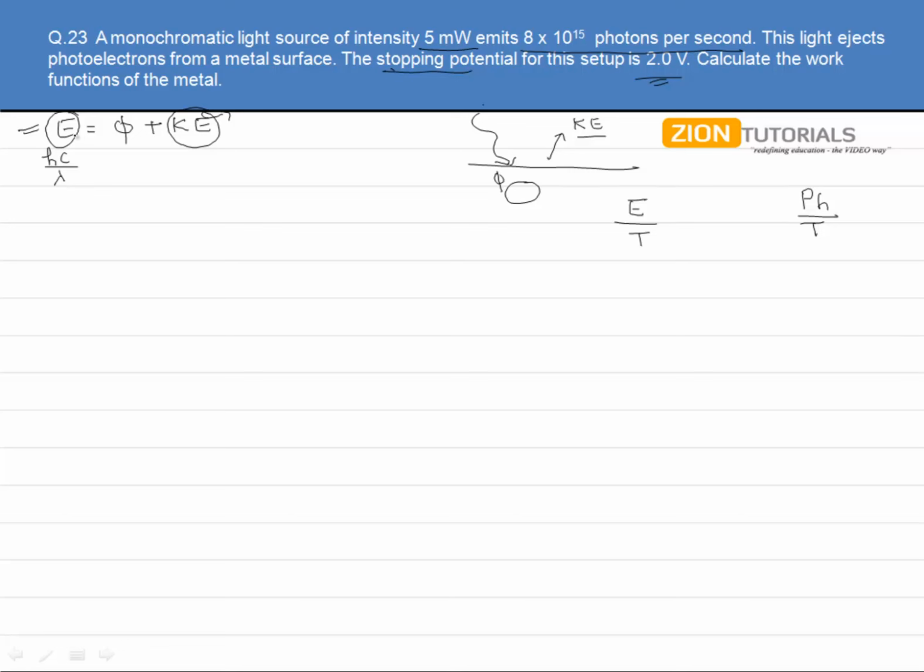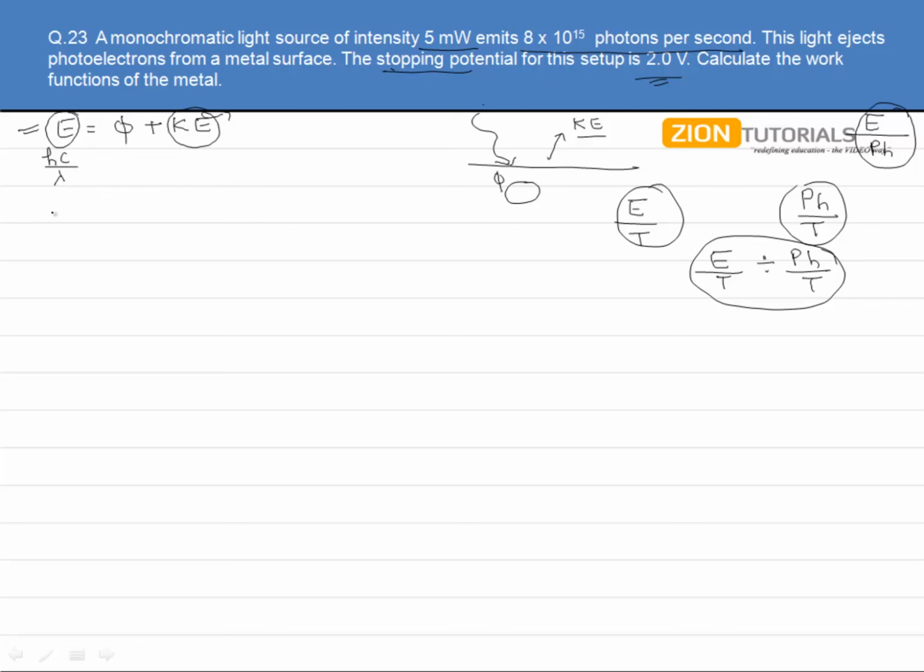And we need to find the energy of each photon, which is basically the total energy upon the total number of photons. So how can you find it by these two things? It is simply E by T divided by pH by T, right?